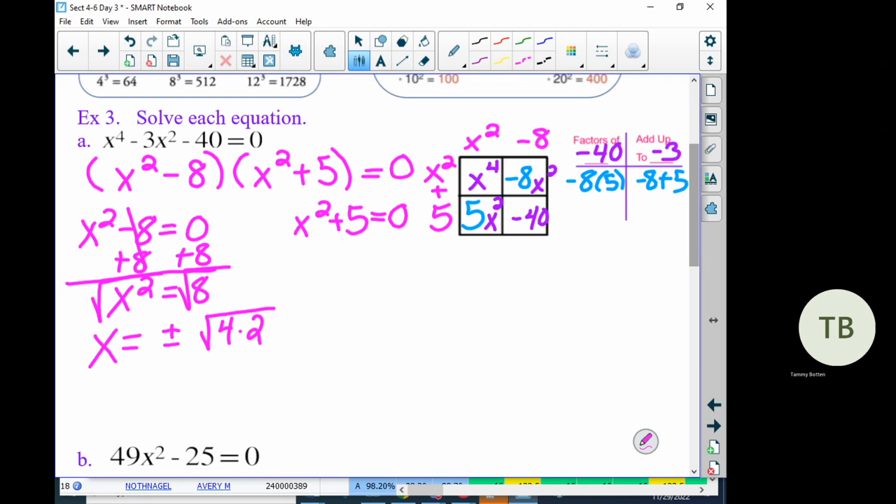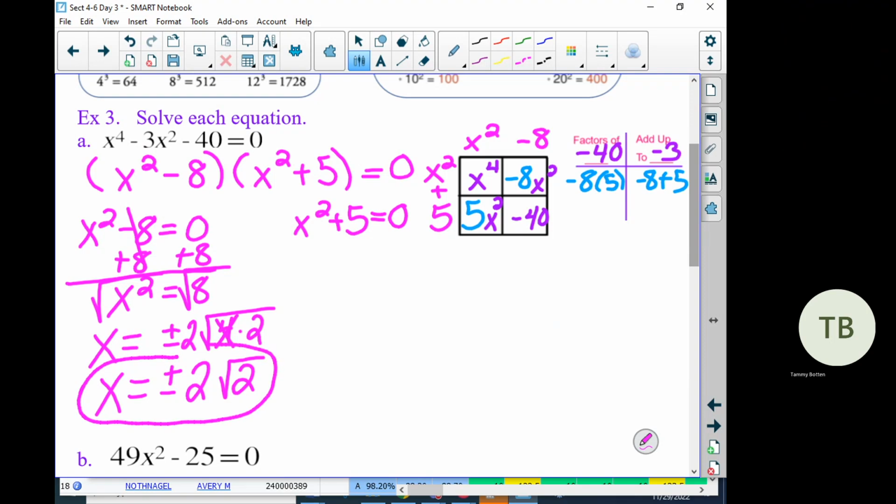So what you would have to do there is take the square root of 4 and bring a 2 out front. So that would be plus or minus 2 times the square root of 2. Now on the test, if you gave me plus or minus the square root of 8, you're still going to get the majority of the points. But truthfully, it should go down more to that.